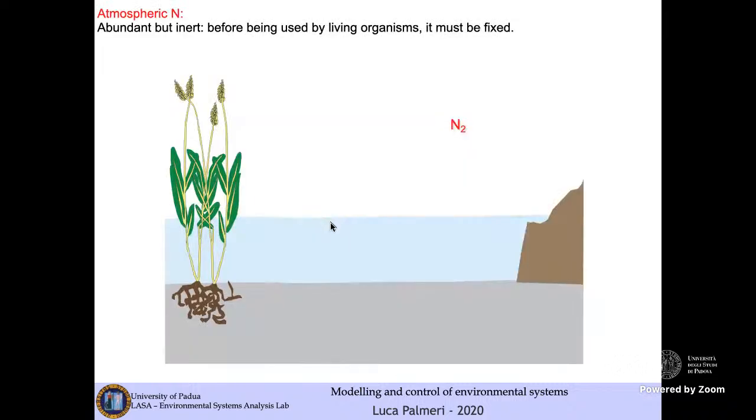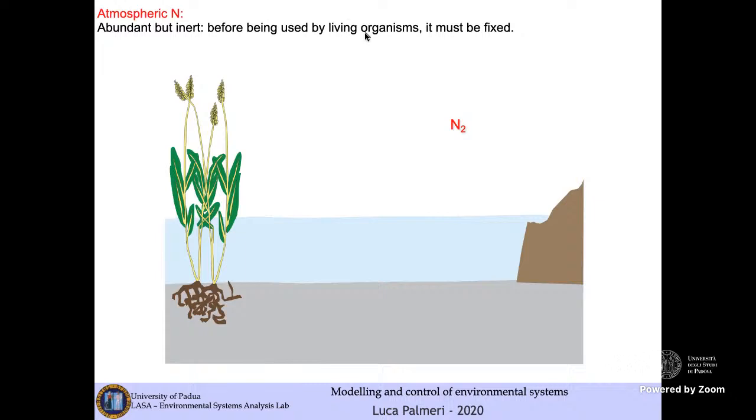Quickly, we go into the processes of transformation of nitrogen in water bodies. We are interested in water bodies because, as I already anticipated, water is a very important paradigm for all the biological processes. So atmospheric nitrogen, N2, is abundant but very inert.